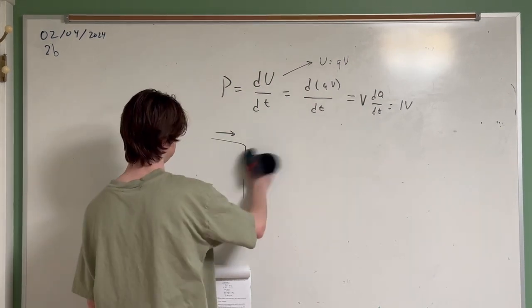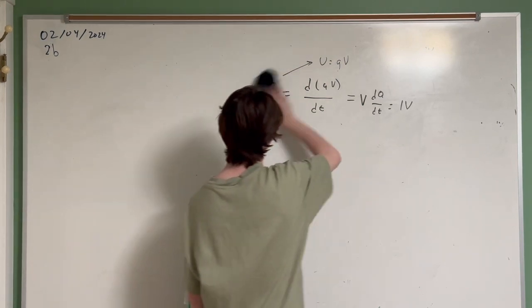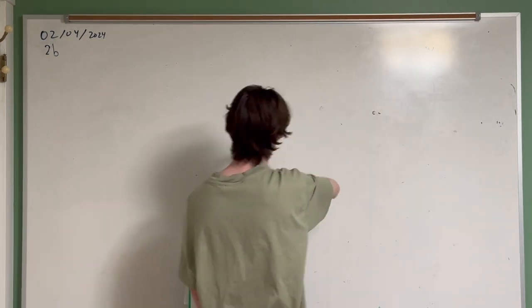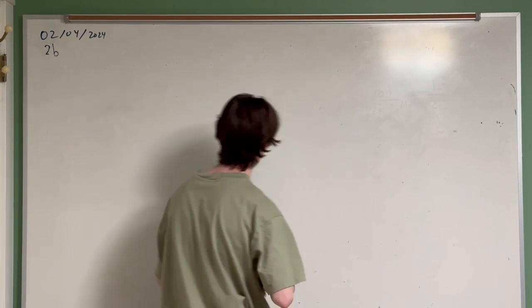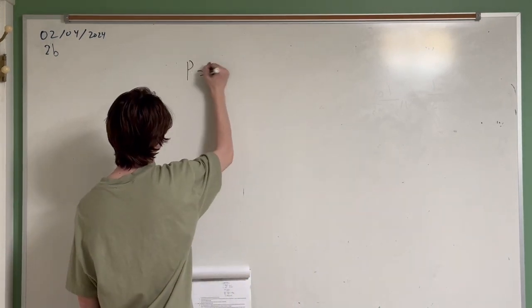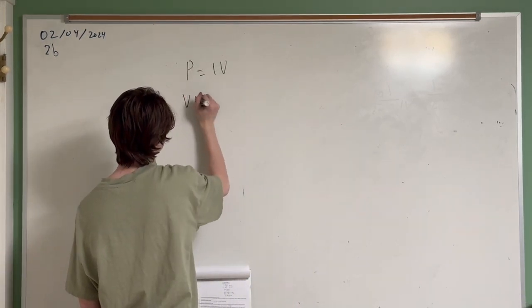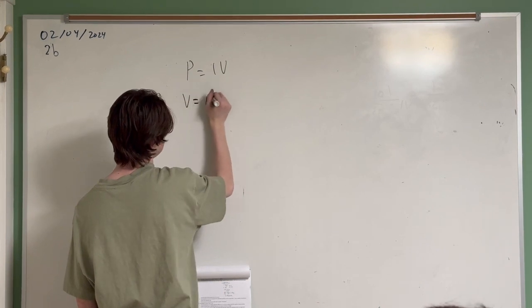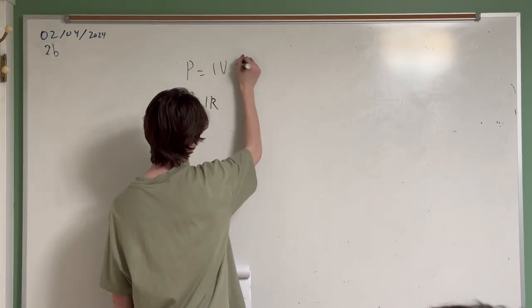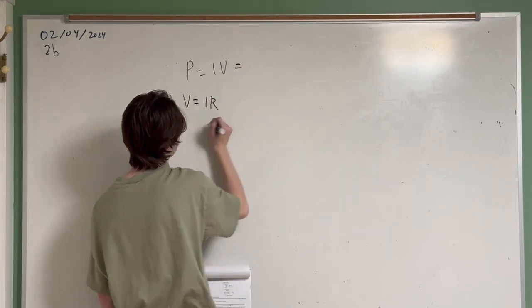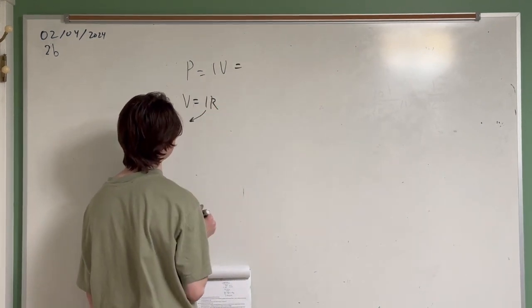So finally, you can just substitute the equation for power into a lot of things. P equals IV, and then we know that V equals IR. If we substitute that, we also have power equals, we can just move this over here.